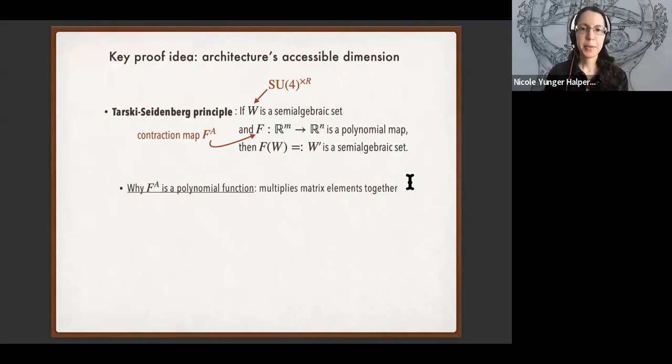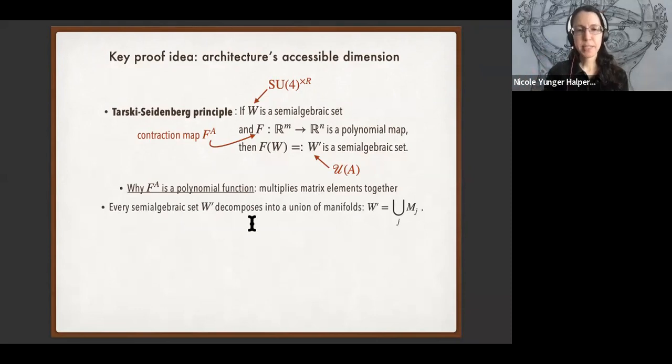So this map multiplies matrix elements together in a polynomial manner. And this semi-algebraic set that results from applying our map to the original semi-algebraic set is calligraphic U of A, which is the set of all unitaries that you can implement using this one fixed architecture A.